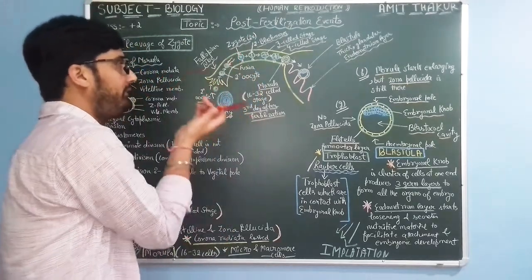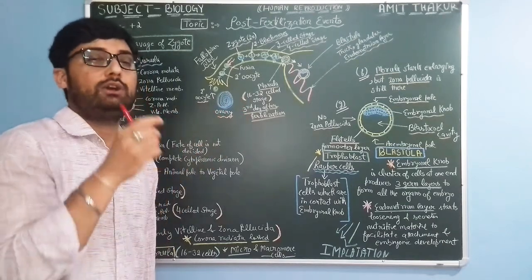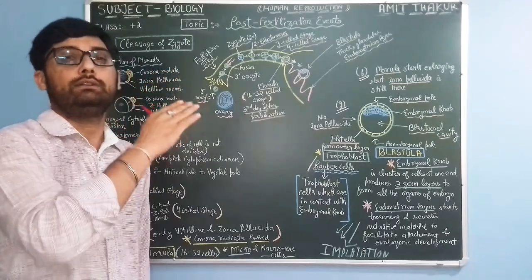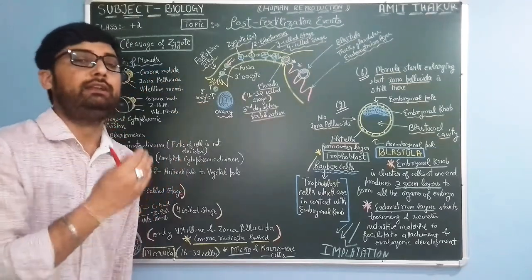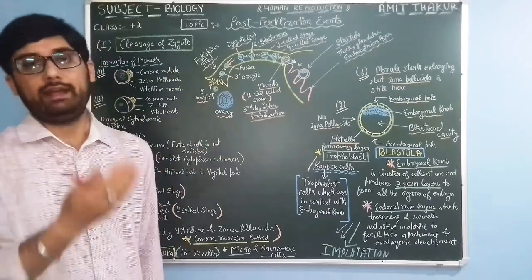In the previous lecture we also discussed the copulation path. The copulation path is the path followed by the sperm to enter inside the female oocyte or egg.